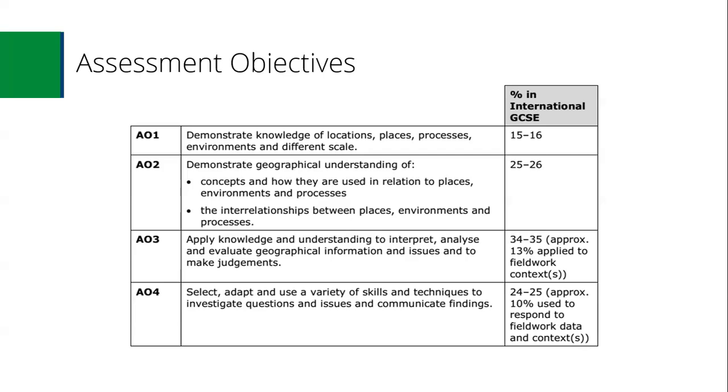Whilst AO2, the understanding of concepts and how they're used in relation to places, environments, and processes, and the interrelationships between these processes, is worth between 25 and 26%. So in other words, as you'll see here as you read through, they roughly match the home-based AOs for the 2016 GCSE.